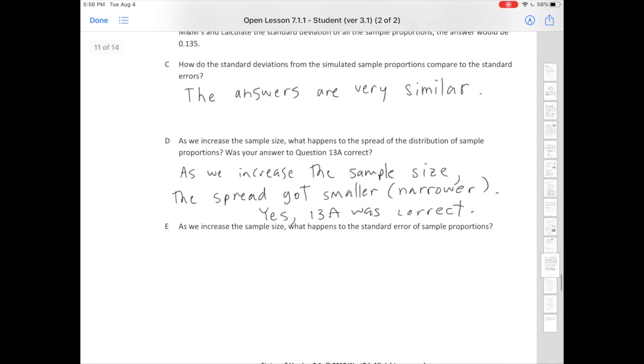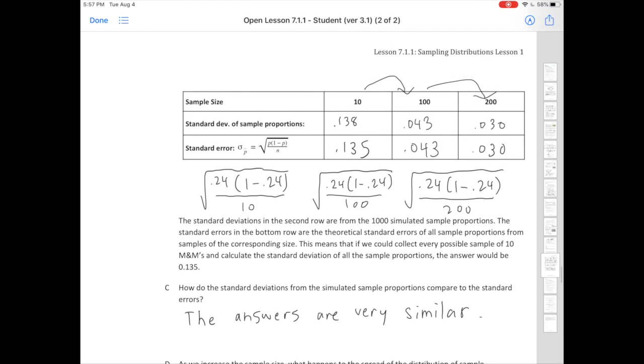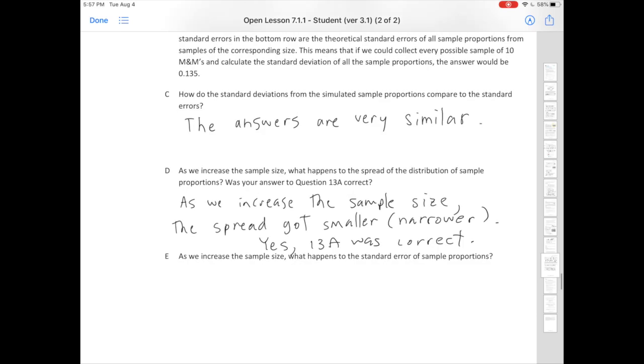Okay. And very last question. As we increase the sample size, what happens to the standard error of sample proportions? Well, the standard error got smaller, didn't it? Right? We went from 0.135 to 0.043 to 0.030, so they did get smaller.